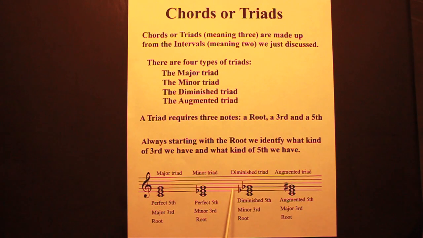The diminished triad, from the root, has a minor third, and from the root has a diminished fifth. So both the third and the fifth are lowered. And then there's the augmented triad. From the root, it has a major third, and from the root, it has an augmented fifth.